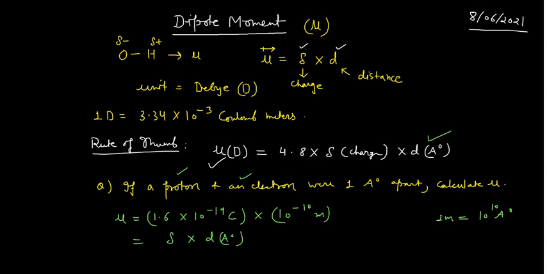So if you convert 1 angstrom into meters, 1 angstrom equals 10 raised to the power minus 10 meters. So you can put that in meters here. If you solve this, it will give you 1.6 into 10 raised to the power minus 29 coulomb into meter. So I am writing C·m, which is coulombs into meter.